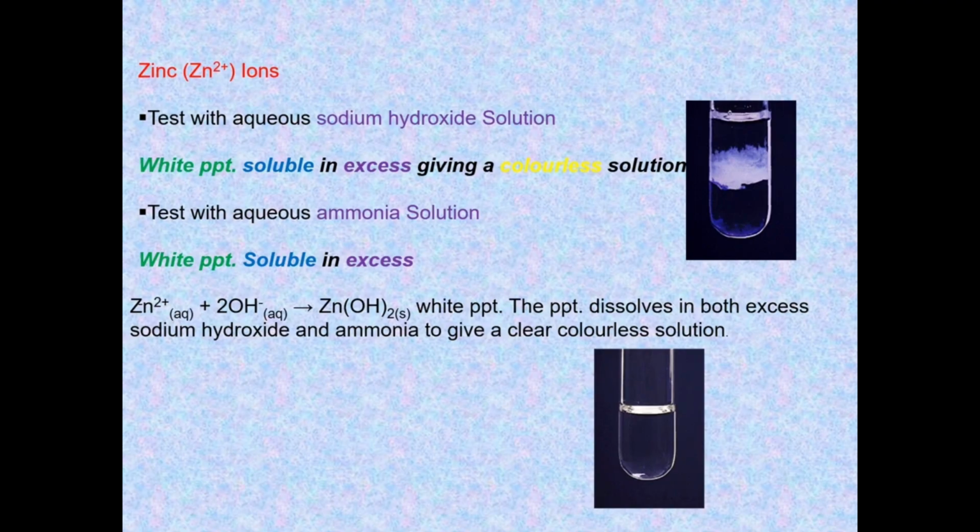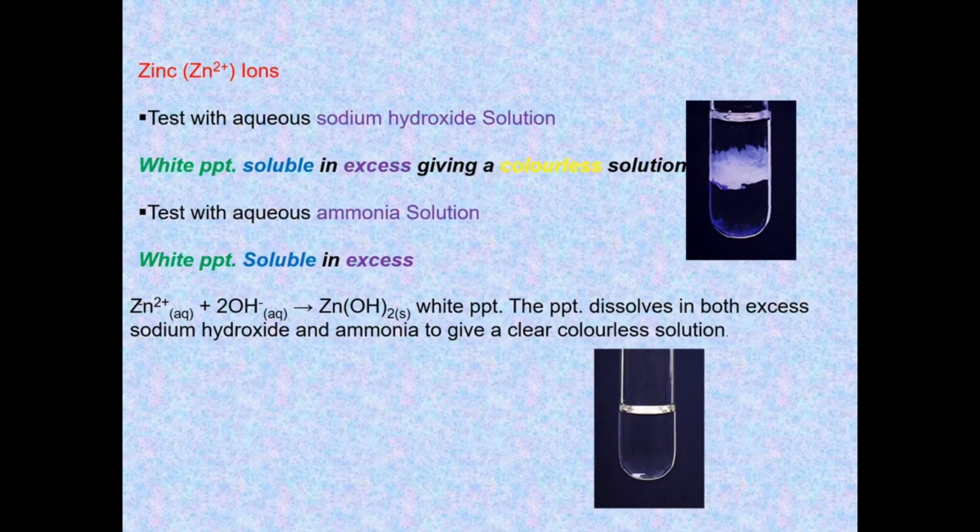If you add ammonia solution to it, the white precipitate dissolves in excess. So basically it forms a white precipitate with both, but is soluble in excess of either sodium hydroxide or ammonia solution. The reason it dissolves in excess ammonia solution is that it forms a complex ion, which we call tetraamminezinc.